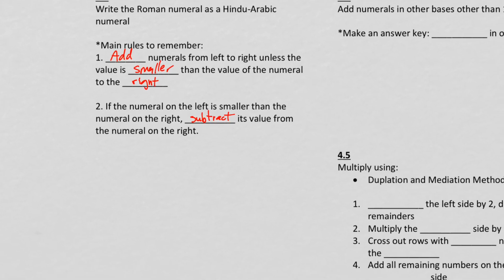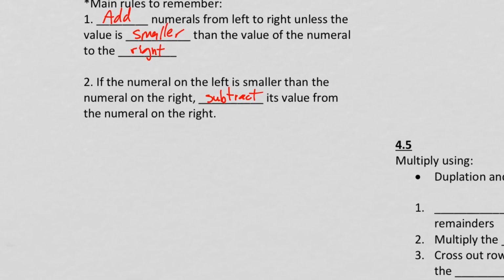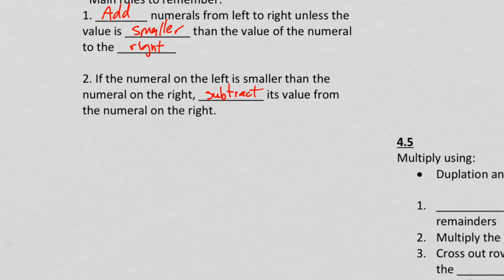Let's take a look at an example. If we have LXXIX, we're going to be adding unless the numeral is smaller than the one on the right.